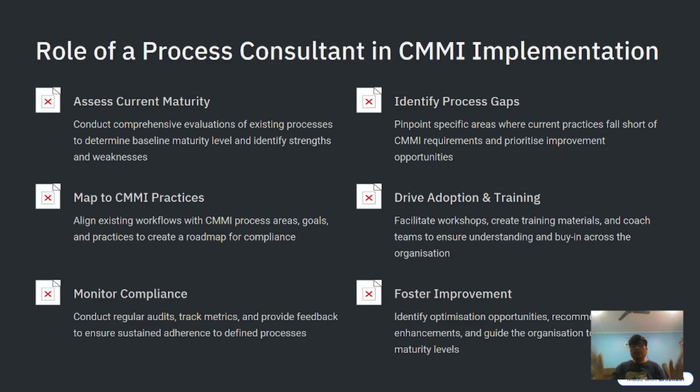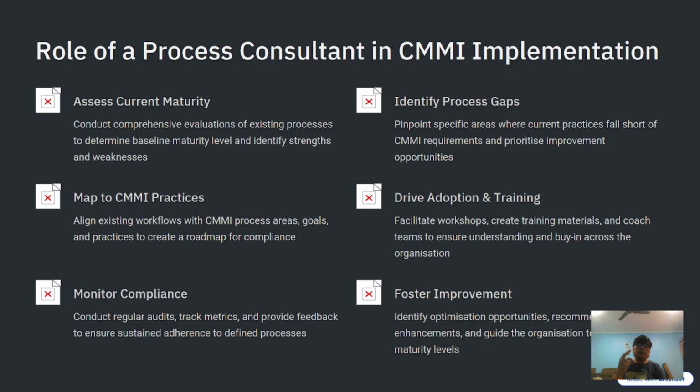Once we have done everything, and implemented the processes, what is the next thing? Now monitor the compliance. We have structured processes in place in the project, but what we need is consistency.